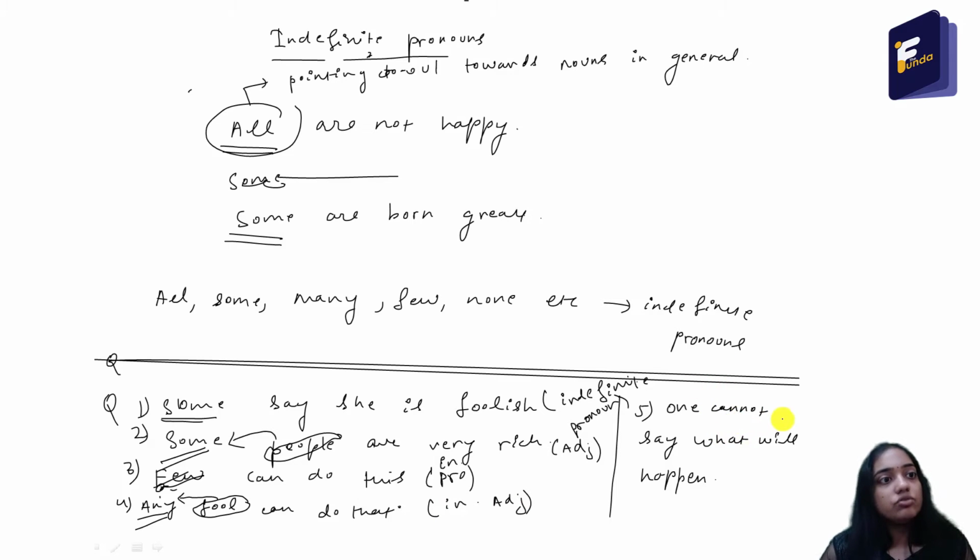One cannot say what will happen. Here the word one is not describing any noun, so it is not an adjective, that we are clear. And why is one a pronoun? Because one is used instead of some nouns in general. That person cannot say what will happen, Julie cannot say what will happen, so I am saying one cannot say what will happen.